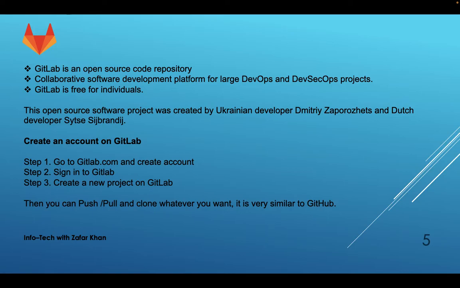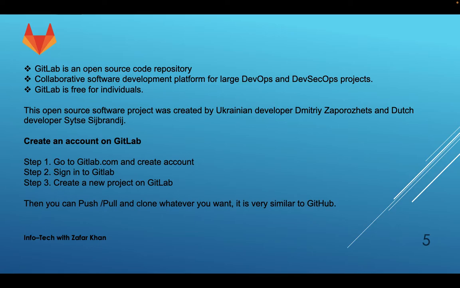Anybody can create an account on GitLab. This open source software project was created by the Ukrainian developer Dmitry Zaporozhets, and there is another developer, a Dutch developer whose name is Sytse Sijbrandij.